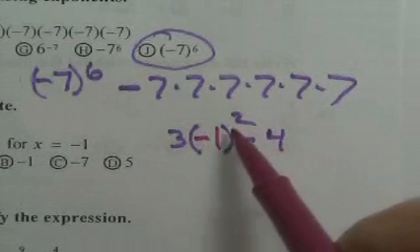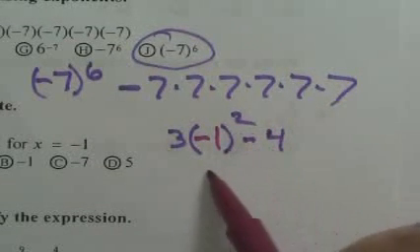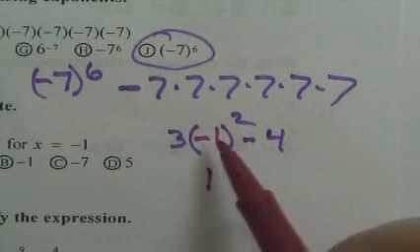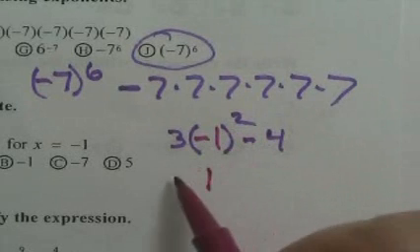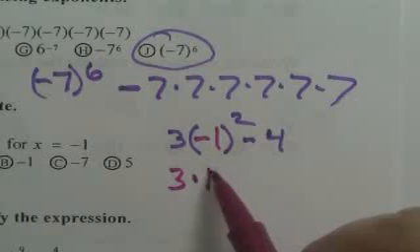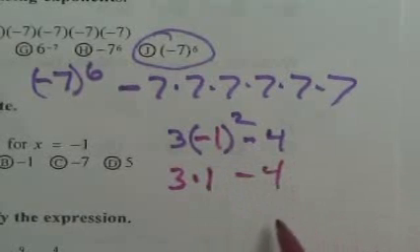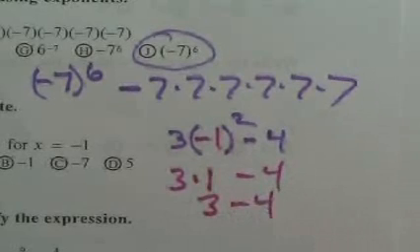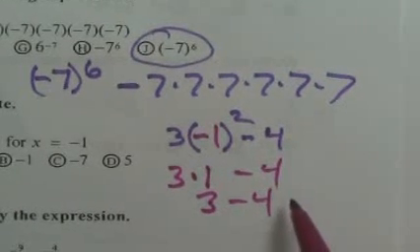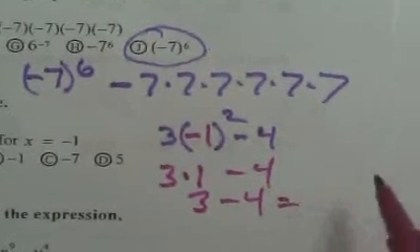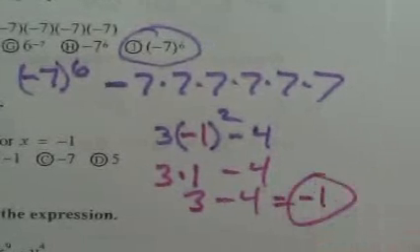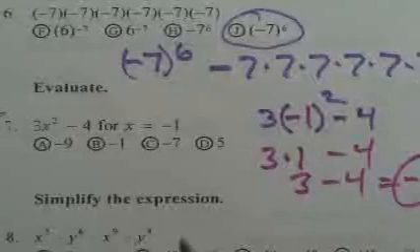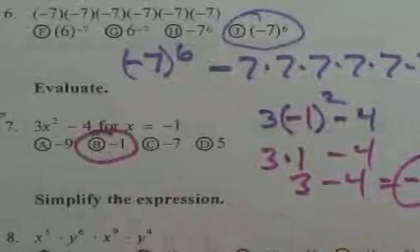Negative 1 times negative 1 is positive 1. So I have 3 times 1 minus 4. 3 times 1 is 3. Then I have 3 minus 4. And 3 minus 4 is negative 1. So our answer is letter B.